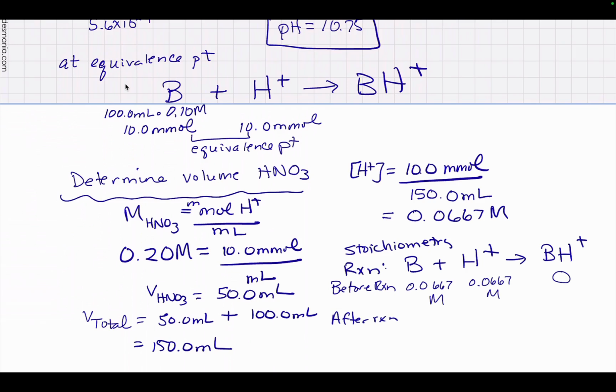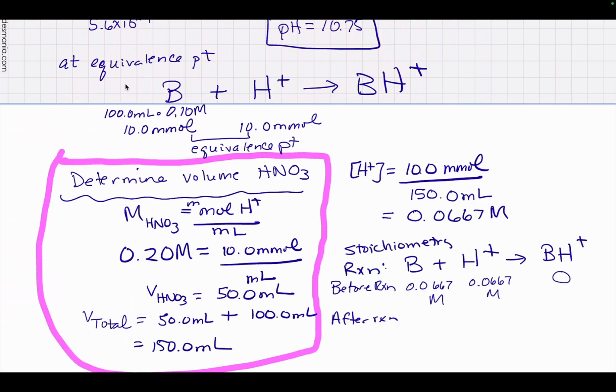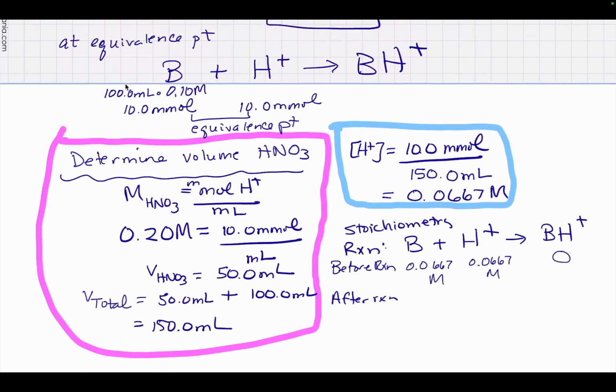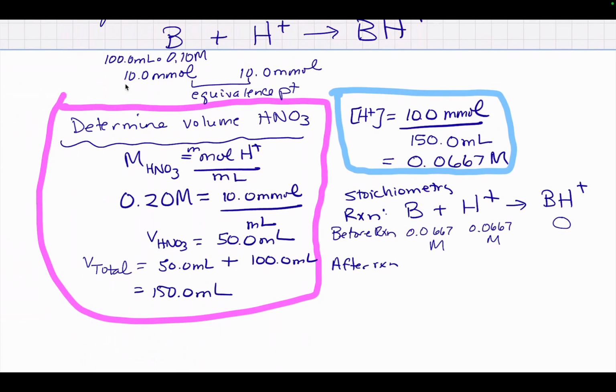After the reaction, let me separate some of this. So this was us determining the volume of the acid. And over here, we're determining the molarity of the hydrogen ions. And now we're doing stoichiometry, and we're looking at the molarity of the hydrogen ion and the base are equal, and at the equivalence point are 0.0667 molar. Then after the reaction, these are both going to be consumed.